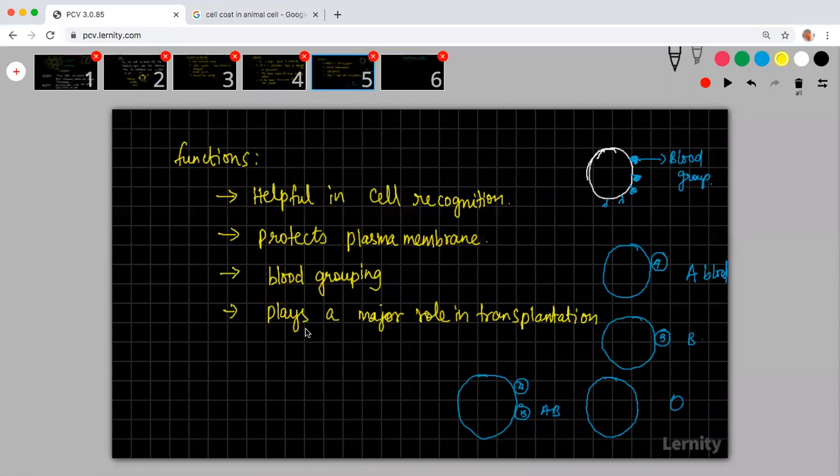The cell coat will play a major role in transplantation. For example, if you transplant a kidney from a person having A blood group and give it to a person having B blood group, that transplant will be a failure. Which means matching of the cell coat is very important for transplanting tissues. That is what you need to understand.